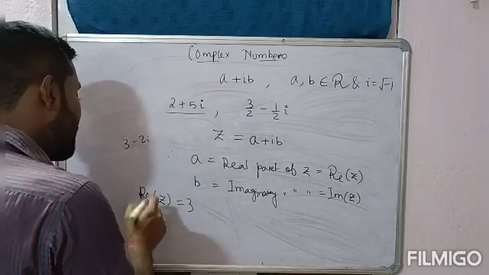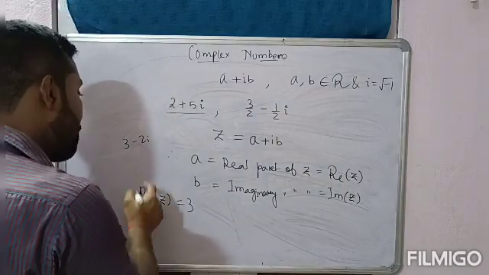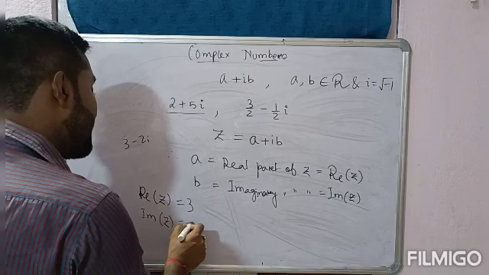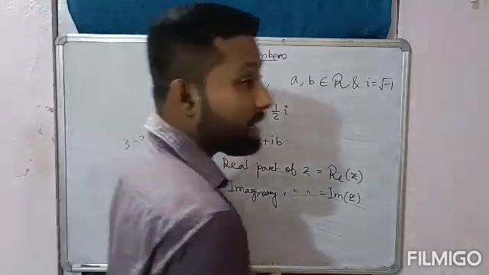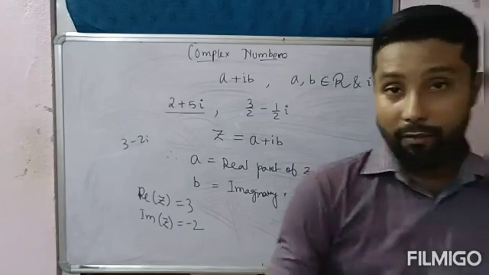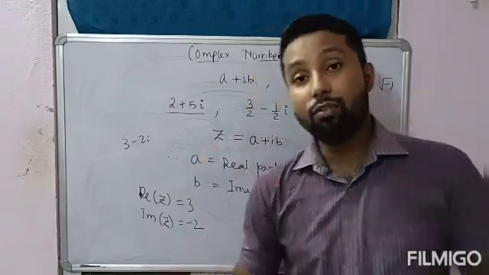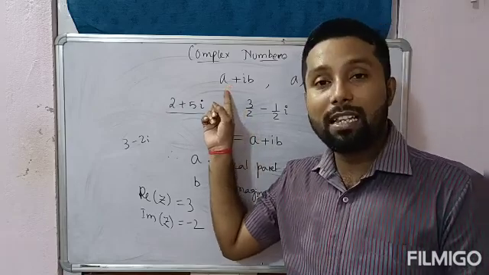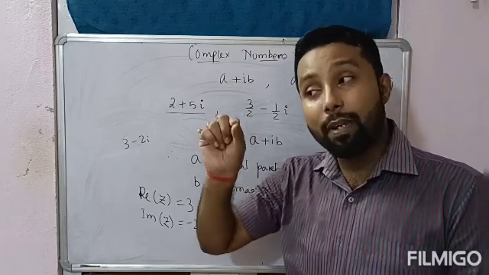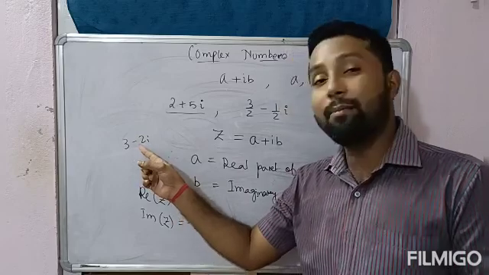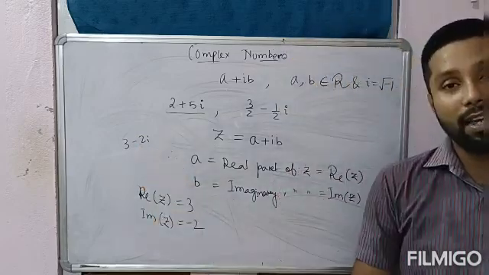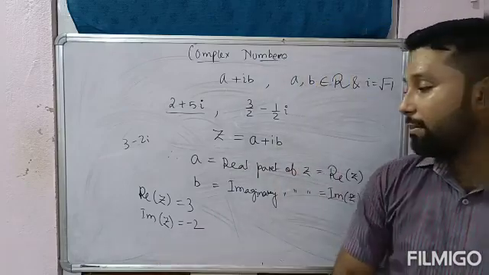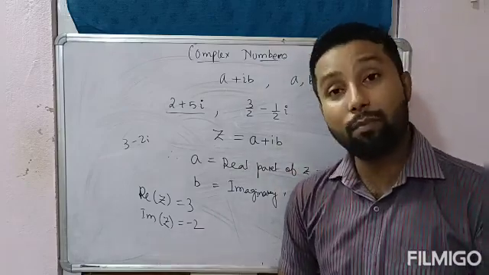And minus 2i, देखो i का कोफिशियंट है -2, so therefore the imaginary part of z is equal to -2. Don't write +2. Okay, you have to check the sign also. Use proper sign, because the standard form of a complex number is a plus ib, लेकिन ये एग्जाम्पल -ib फॉर्म में है, तो मतलब माइनस को इंक्लूड करना पड़ेगा. That is why I have written imaginary part of z is equal to -2.